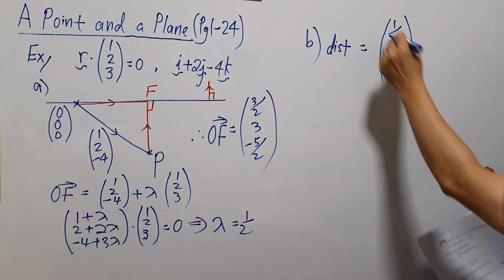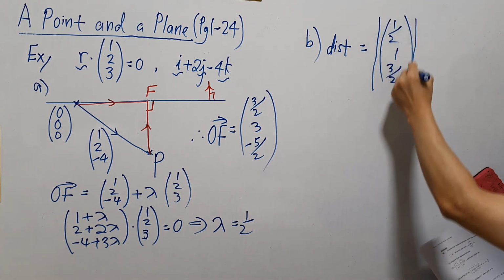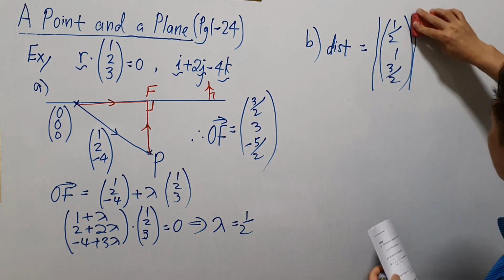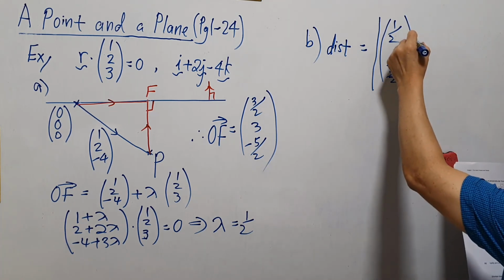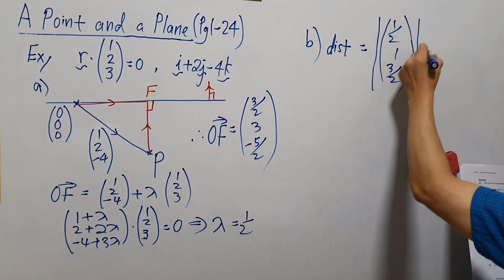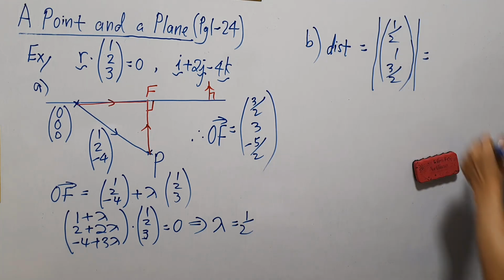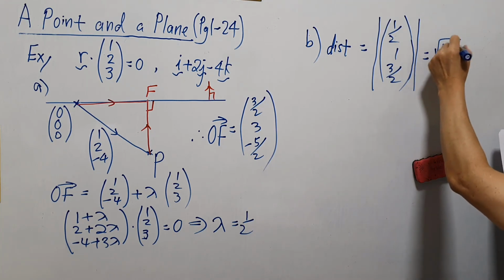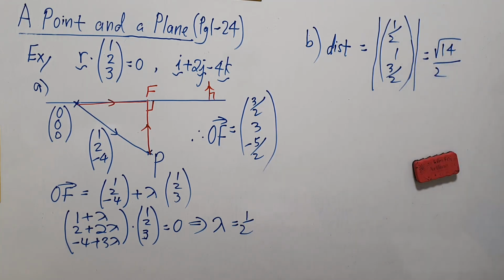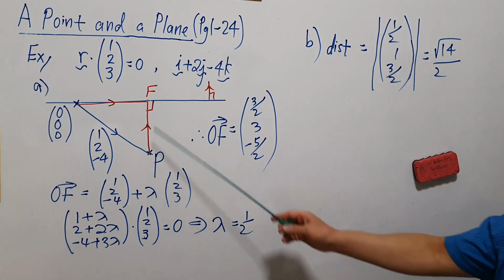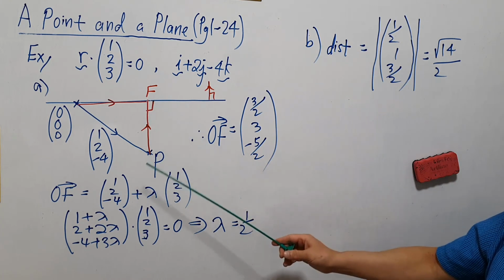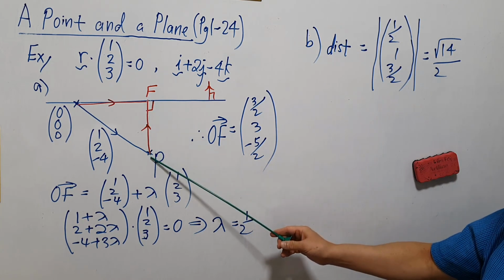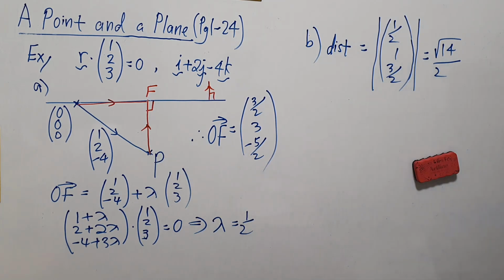Then you find the magnitude of this vector and you're done. This magnitude turned out to be equal to square root 14 over 2. So in this exercise, it's telling you that if you had found the foot of perpendicular first, then you can find this distance using the magnitude of vector PF.